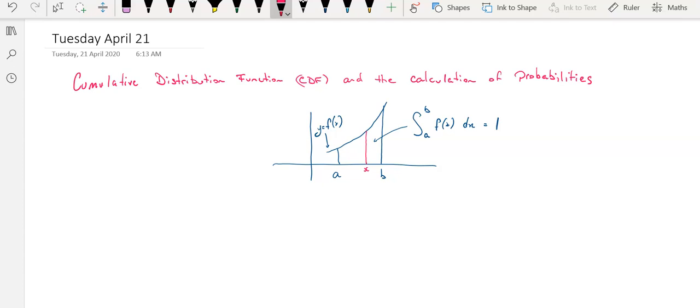We're going to be finding the area leading up from a point A to a point x. So we're going to find this integral between x and a. That's going to be our cumulative distribution function, and we're going to do it in a curious way.